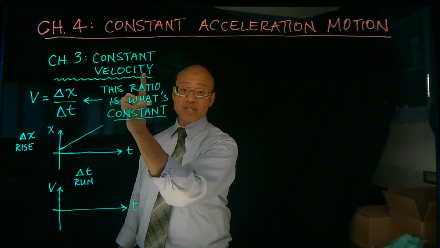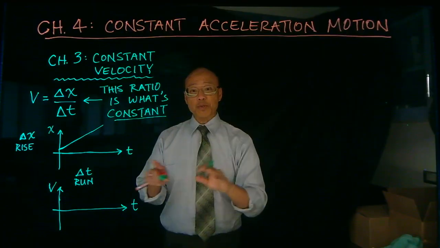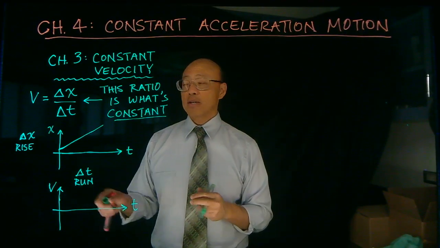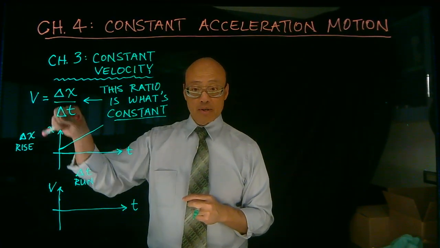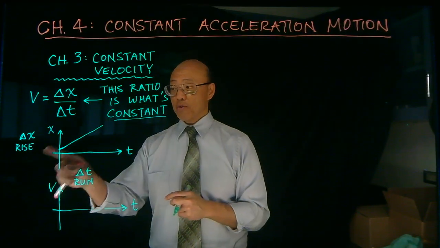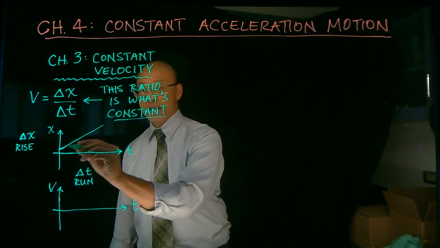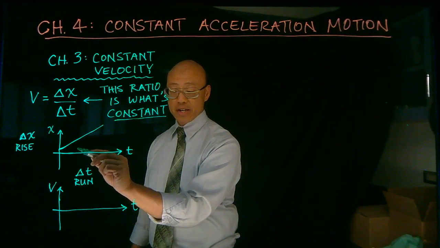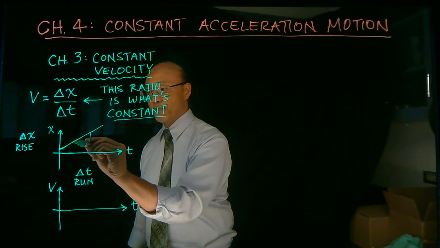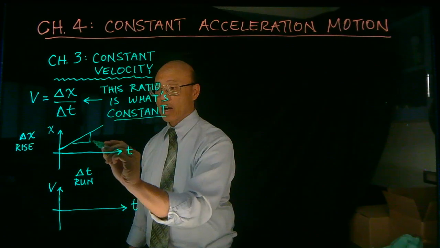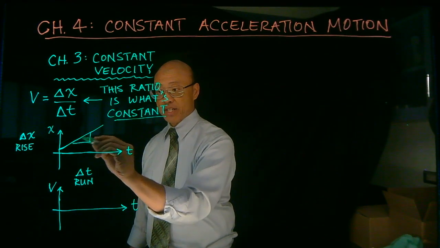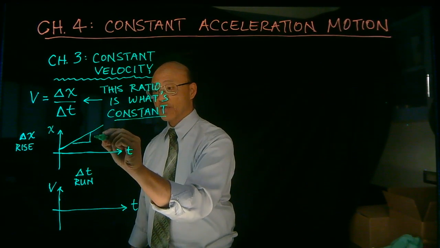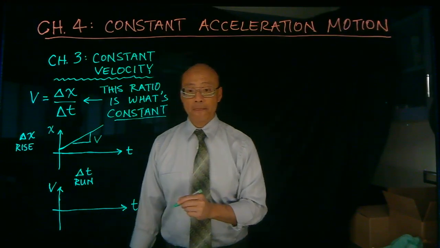So the phrase constant velocity describes two things. Mathematically, it's a ratio that's constant. Graphically, x and t must be related linearly because the slope, that ratio of rise to run, is constant. So the slope of that graph is v.